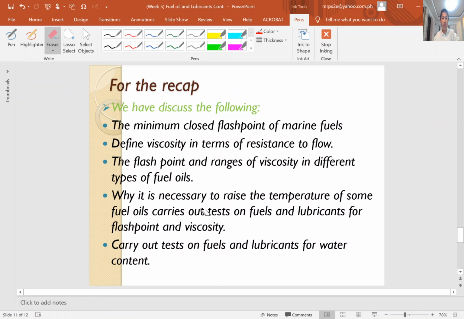We discussed also why it is necessary to heat some fuel oils, and how to carry out tests on fuels and lubricants for flash point and viscosity, and also how to test the fuels and lubricants for water content.